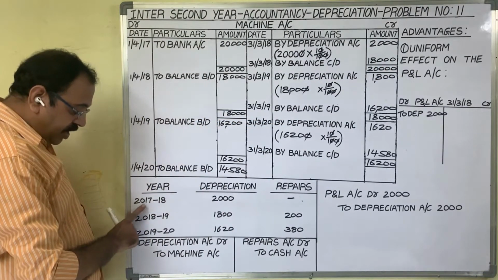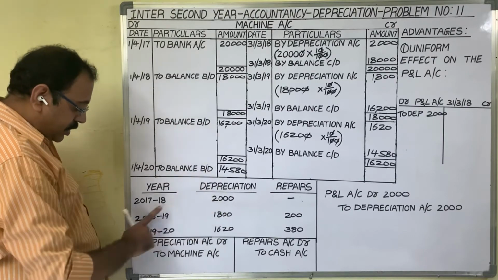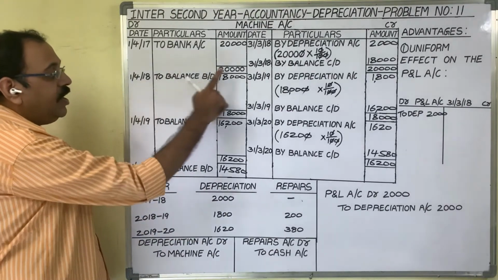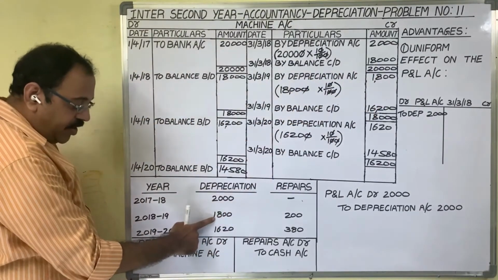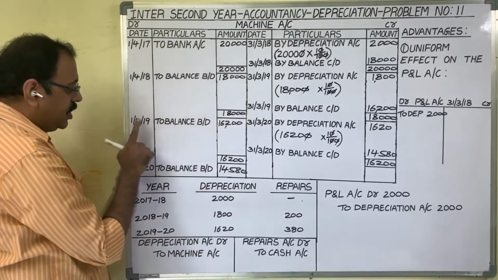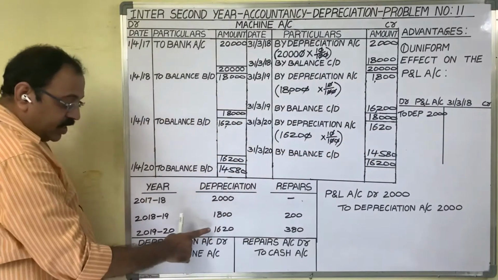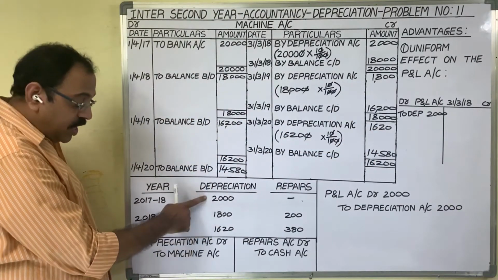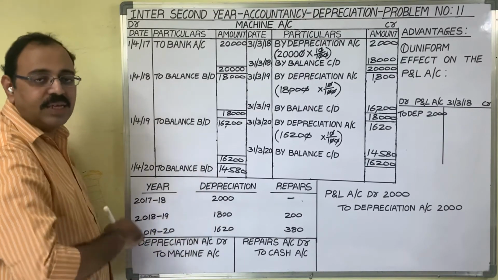Second year 18-19 depreciation amount is 1800. Third year 19-20 depreciation amount is 1620. So year by year depreciation amounts are decreasing.